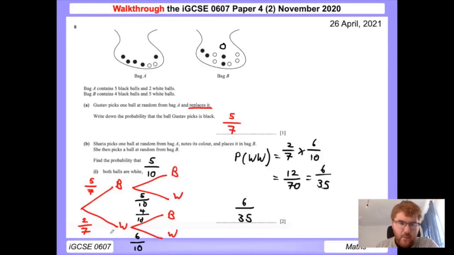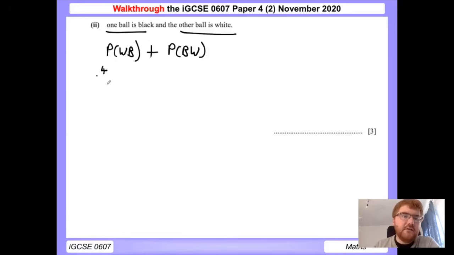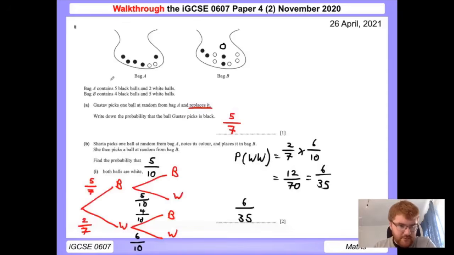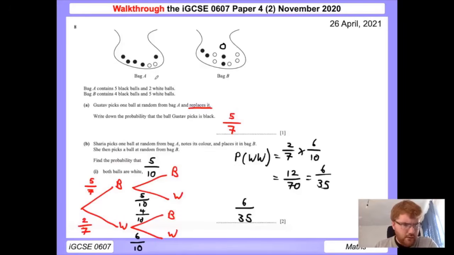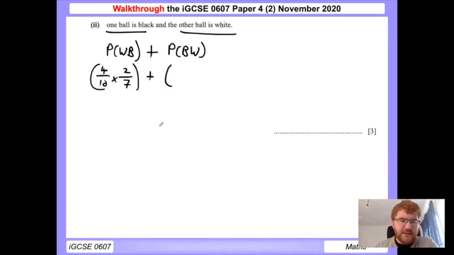Probability of white-black, well, it's going to be going along this route. So we've got 2/7 times 4/10. Put this in brackets. White black, and then we do black white, so we get 5/7 times 5/10.